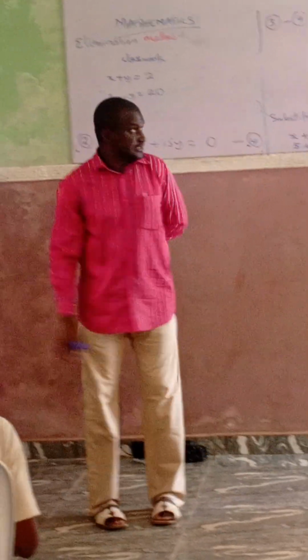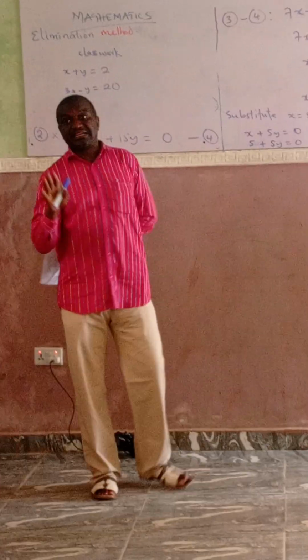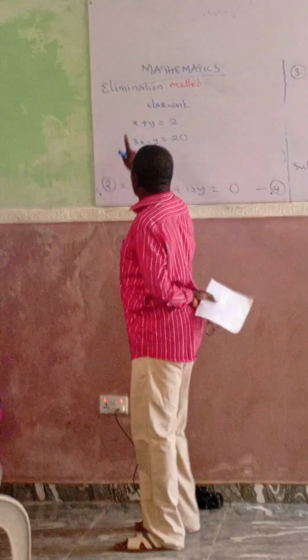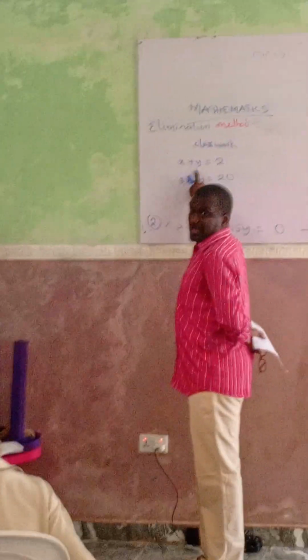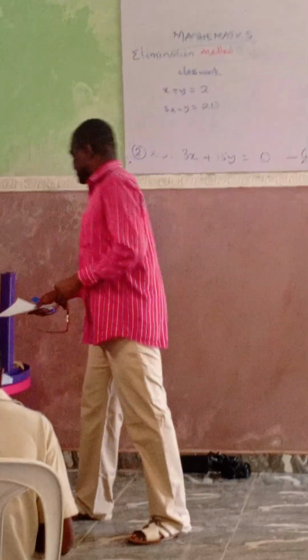In our example we eliminated y because we had eliminated x before. In this one I'm giving you, let me emphasize, you eliminate x and you also do another method to eliminate y. Is that clear?